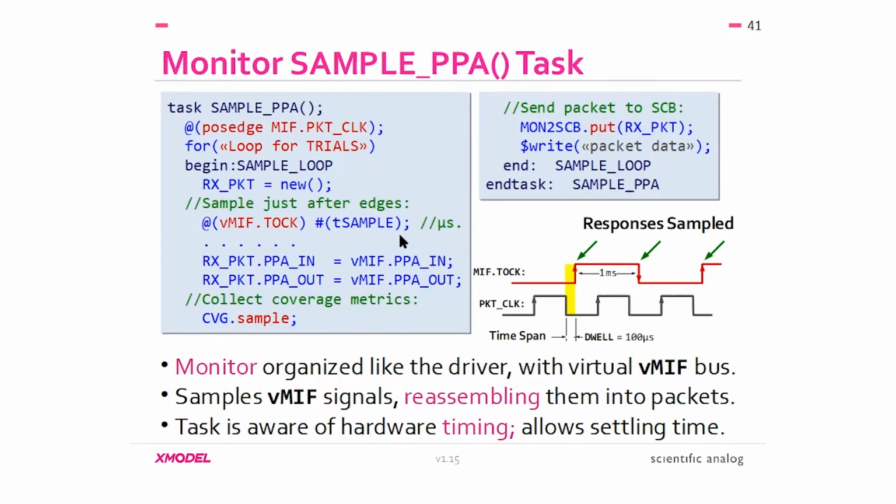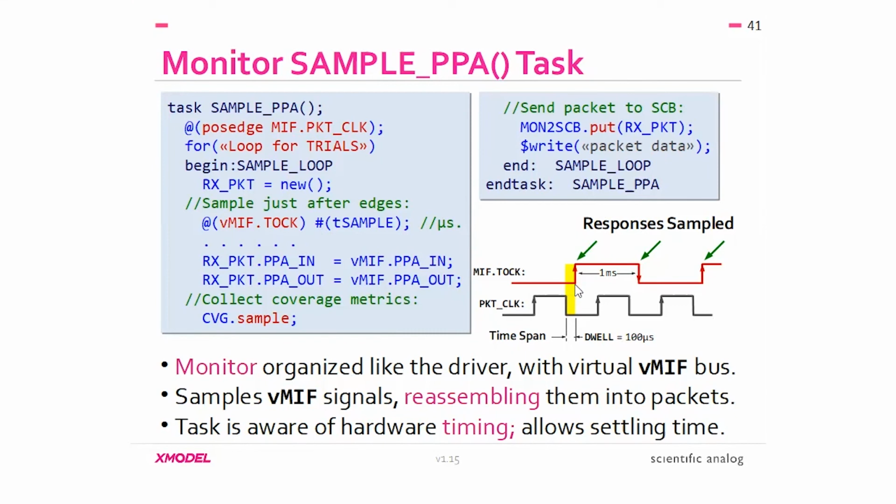Oh, the timing is important. Here we're sampling the filter outputs roughly midway during the clock cycle. We're using the signals tick and tock, which are triggered by falling edges of packet clock. And the difference between tick and tock allows for this yellow highlighted dwell time, just enough time for accurate measurement of a peak-to-peak sinusoid amplitude.